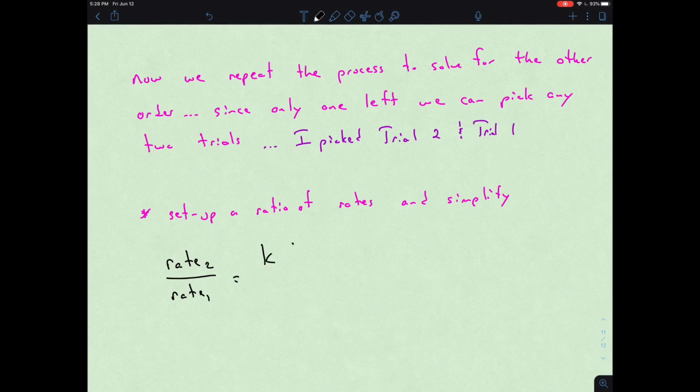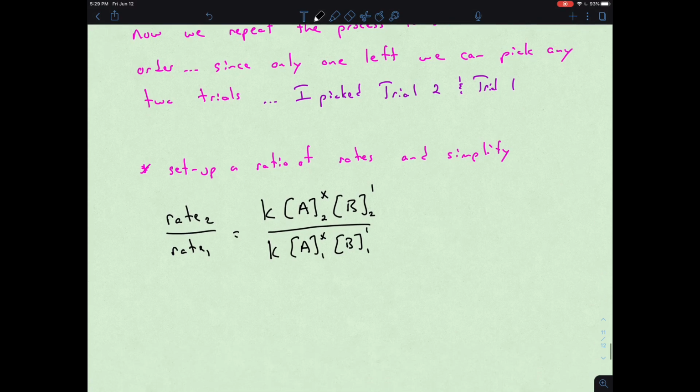Our rate expression is equal to K times the concentration of A to the X times the concentration of B to the first order, right? We already know that. And that will be over our other rate expression, which is exactly the same thing, right? We just have different trials that we're plugging in as far as trial 2 or trial 1.